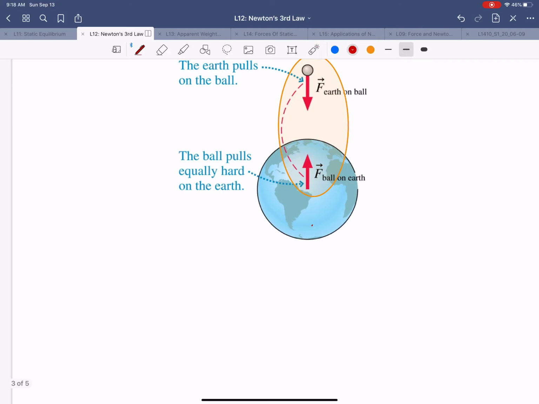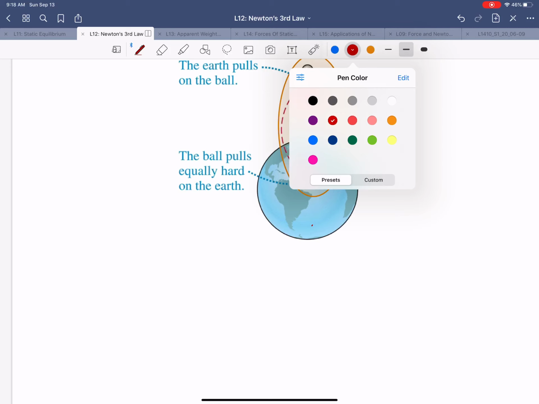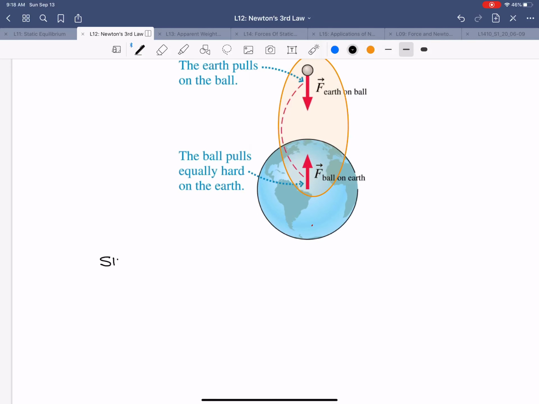Well, the reason for that is Newton's second law. Since the mass of the earth is so much greater than the mass of the ball, the acceleration of the earth is so much less than the acceleration of the ball. It is so minuscule that you couldn't measure it.